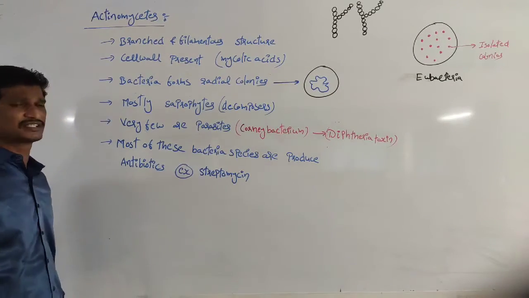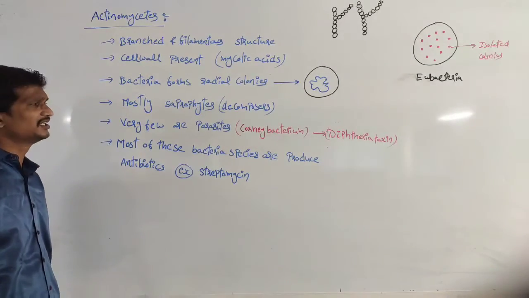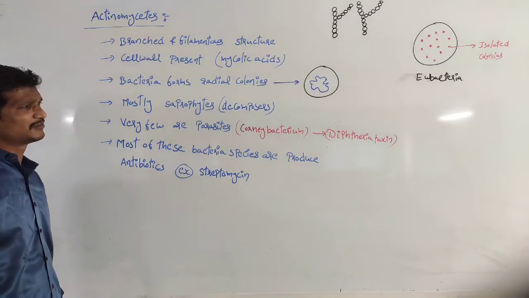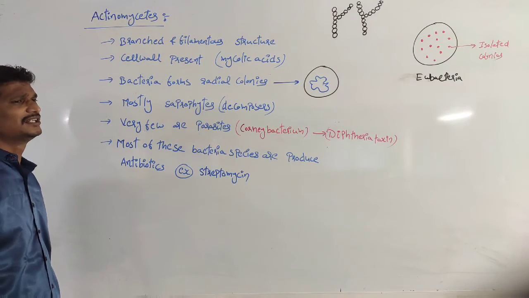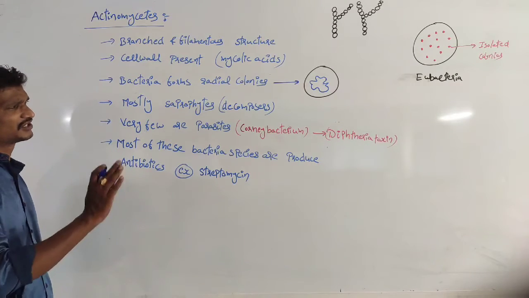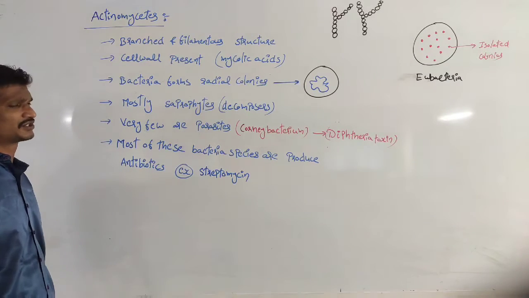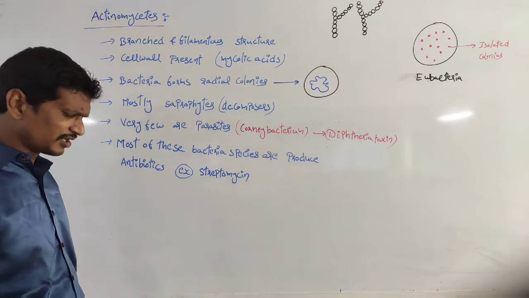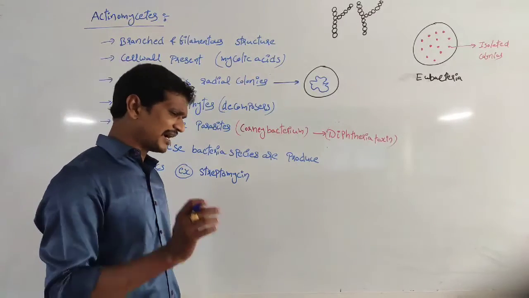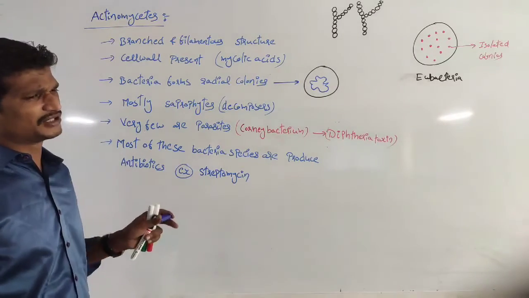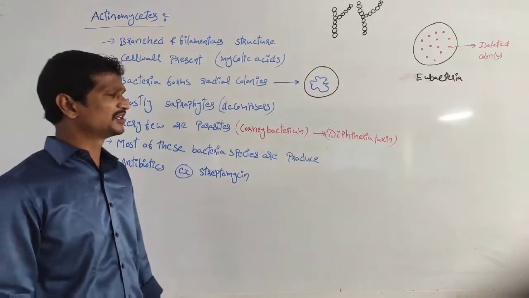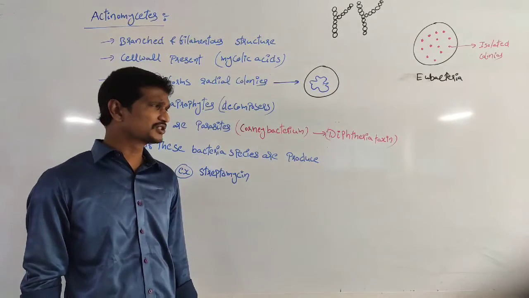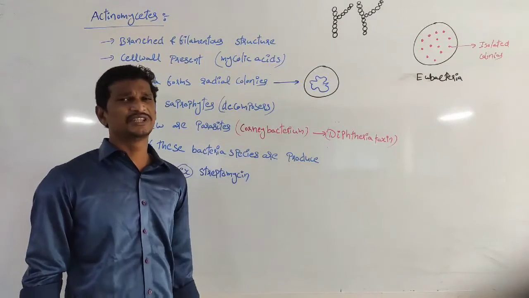Most of these bacteria are saprophytes, no doubt about it, which are involved in the decomposition process. That's the reason why they are called decomposers. And some bacteria within the actinomycetes act like parasites. Corynebacterium diphtheriae is one of the species, and it produces the diphtheria toxin.